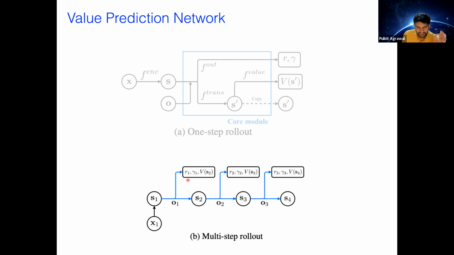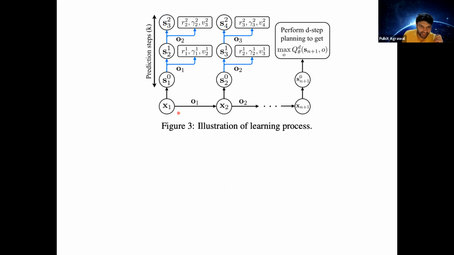So now how is this system learned? At every state, X1, we predict K steps in the future what is going to happen. We take an action, we come to the next state, we also predict what is going to happen in the future, right? And this is how you would roll out the agent at training time.